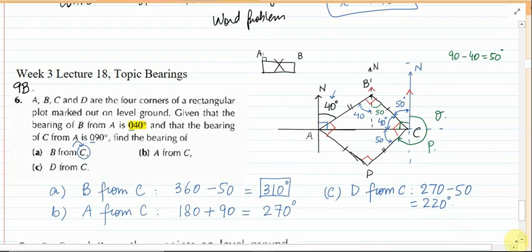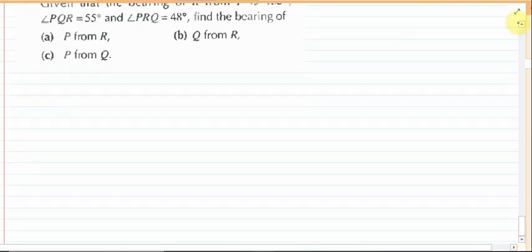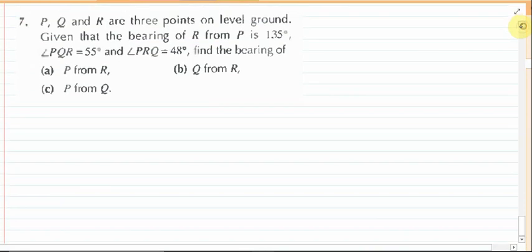So moving on to the next question, that is question number 7, right? So what you guys need to do first, you need to sketch the figure by yourself. See what idea you perceive from this question. The question says P, Q and R are 3 points on level ground.